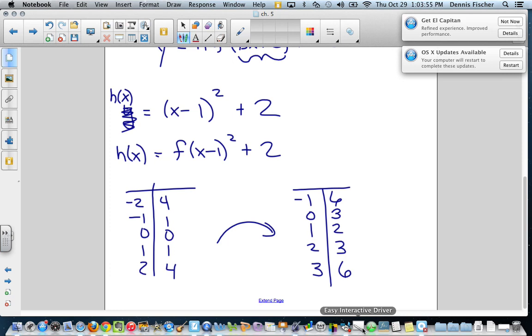It doesn't give you the order, but it says horizontal shift. If horizontal, I always do left and right, then I do the stretch and shrink. And then on the outside, it doesn't matter which order, but do the multiplication on the outside, the stretch and shrink and the reflection. The last step is always the up and down.